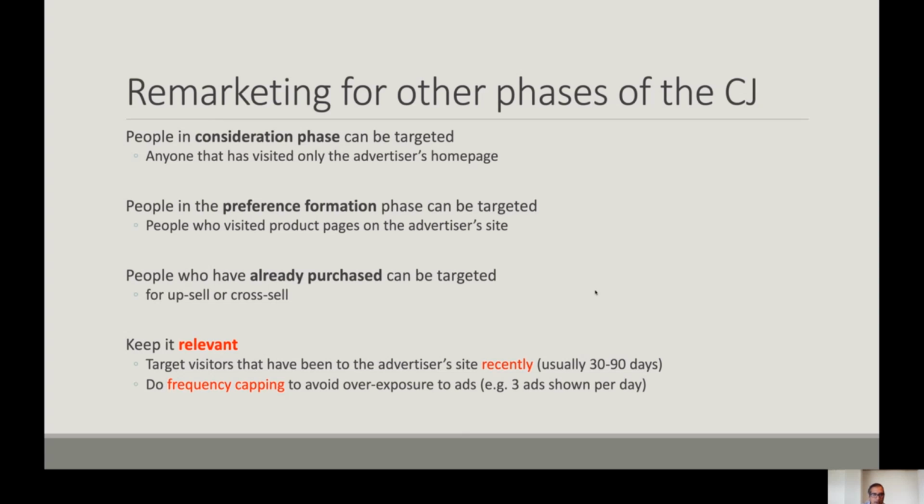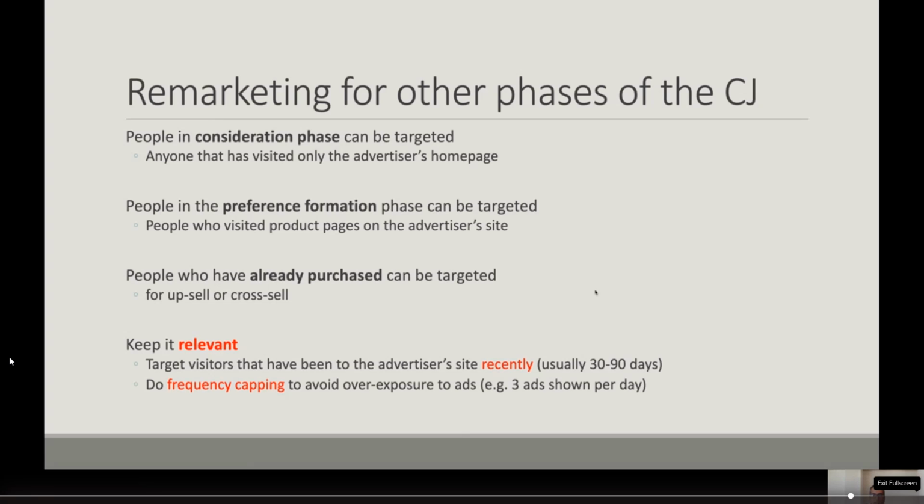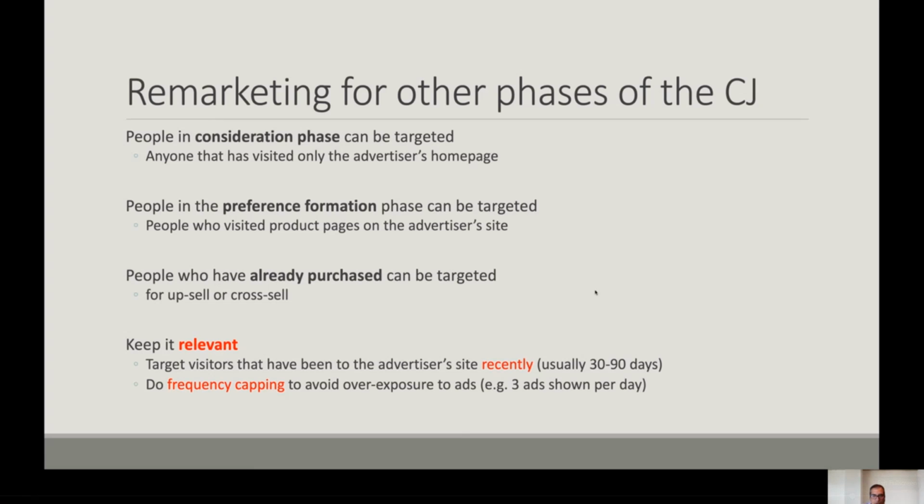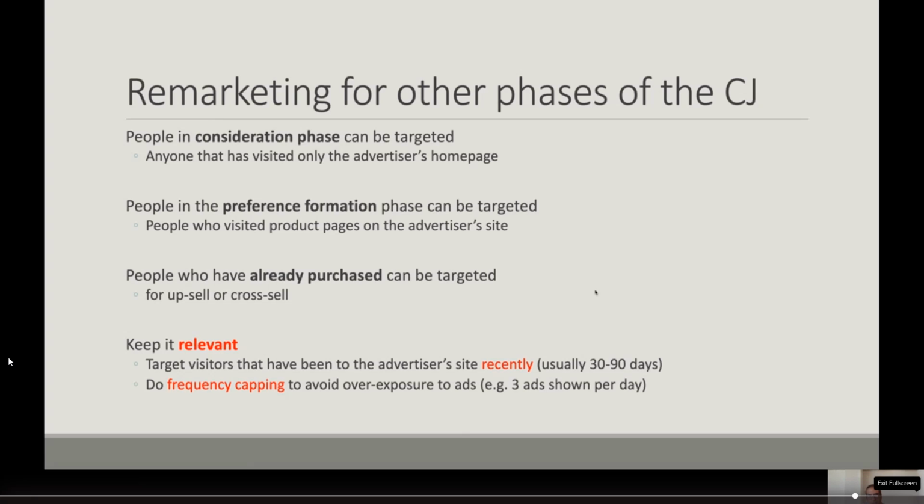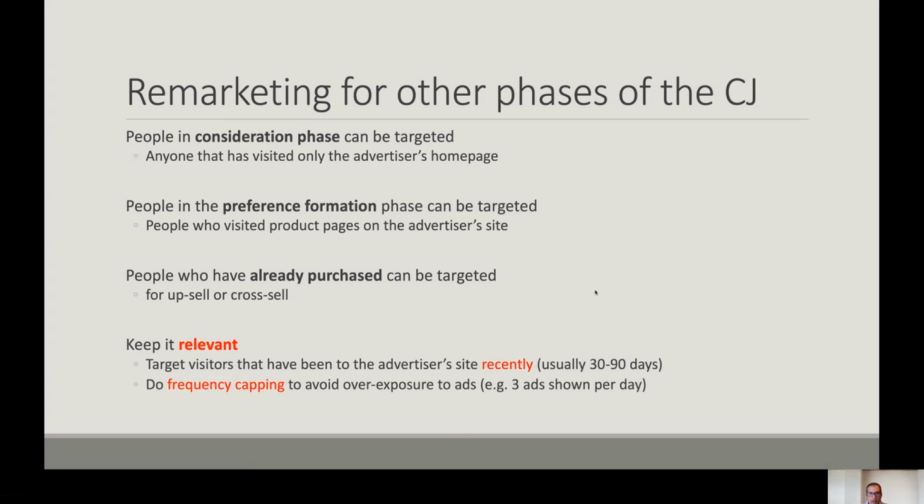And some ideas to keep it relevant is that, one, only target those consumers who have visited the advertiser's site relatively recently, right? If somebody came to your site 6 months ago and you are trying to target this consumer with a remarketing ad, maybe it is not very relevant to the consumer because such a long time has already passed, right?